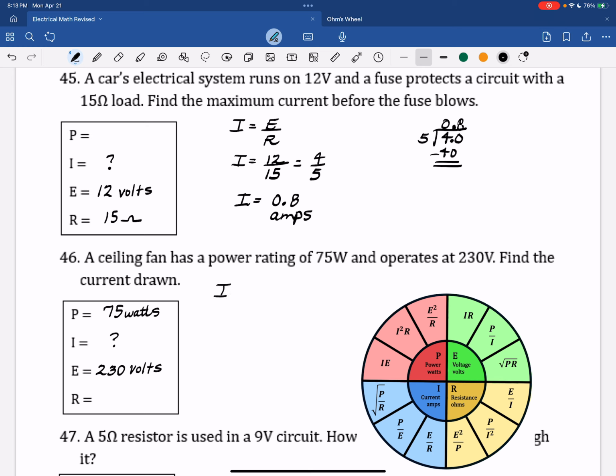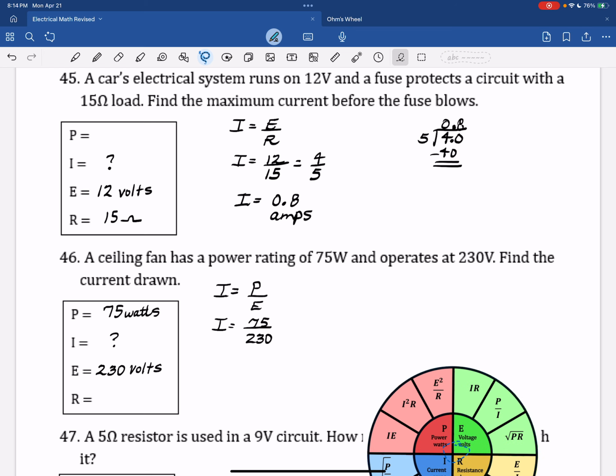So we want to know I, and we know P and E. So I equals P divided by E. So I equals 75 divided by 230. And I think that would reduce to a third, but let's just go ahead and divide it. I believe it would, but I'm not going to take us down that rabbit hole if I don't know.